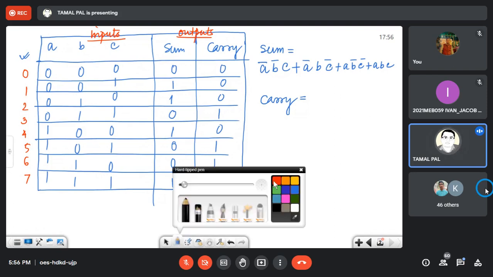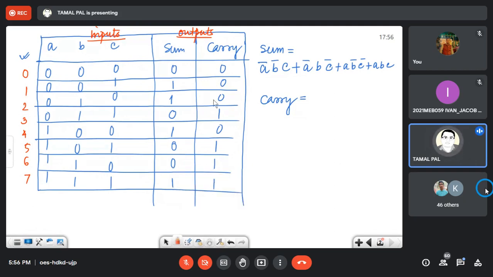Removing these check marks. Now we have to place check marks. This is carry. Carry equal to 1. For this, carry equal to 1. For this, carry equal to 1. For this, carry equal to 1. Now, similarly, we have to find the variables.